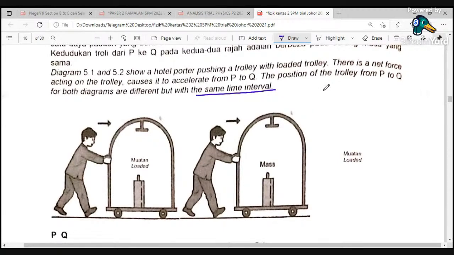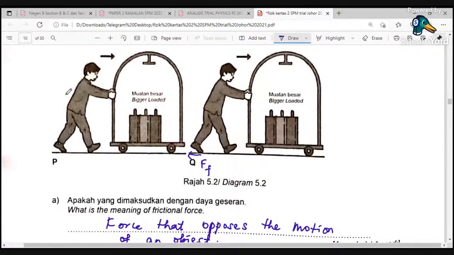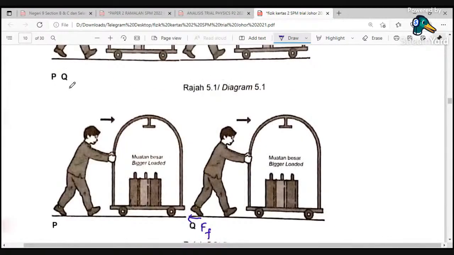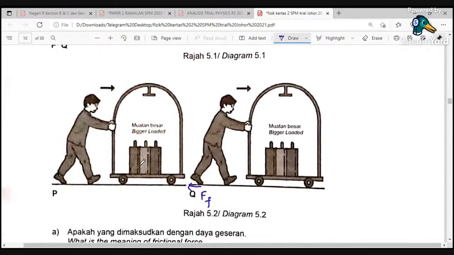Compare acceleration of the trolley. Okay, boleh check position dia. Okay, for same time interval, you can see 5.1 only move short distance. But distance PQ for the second diagram is longer for same time taken. Okay, I think it's something wrong.